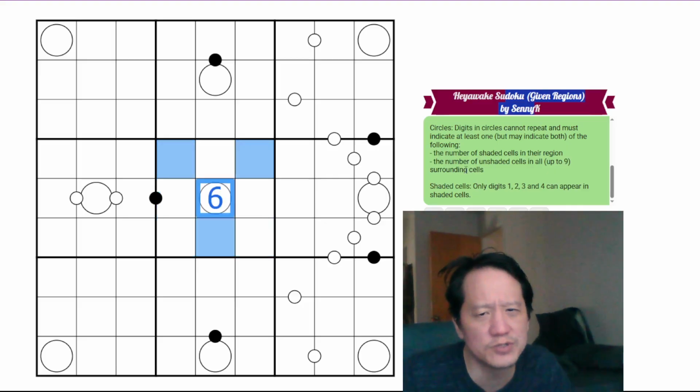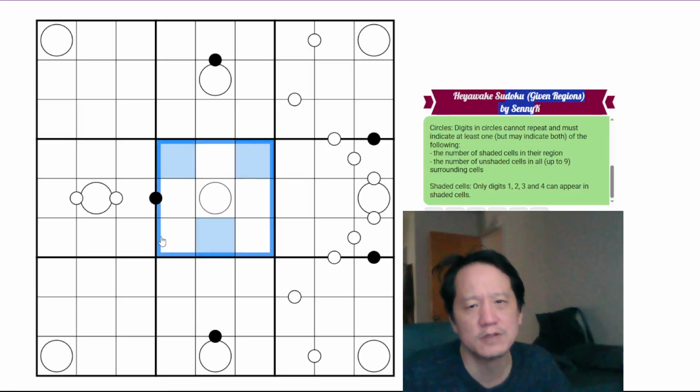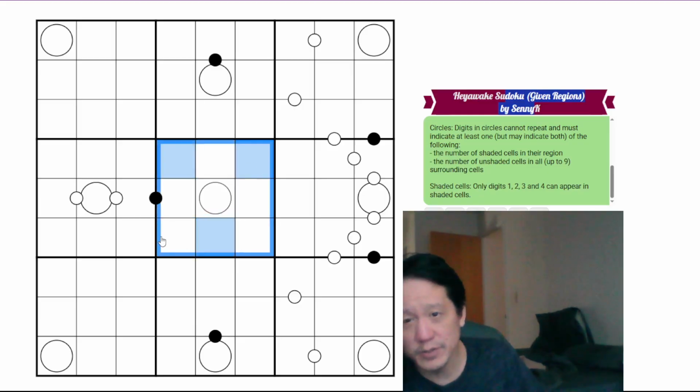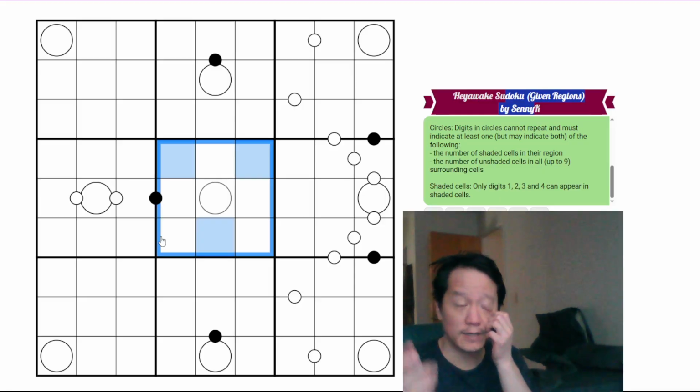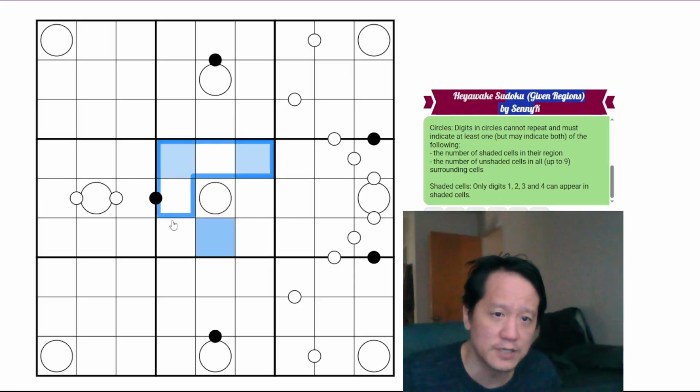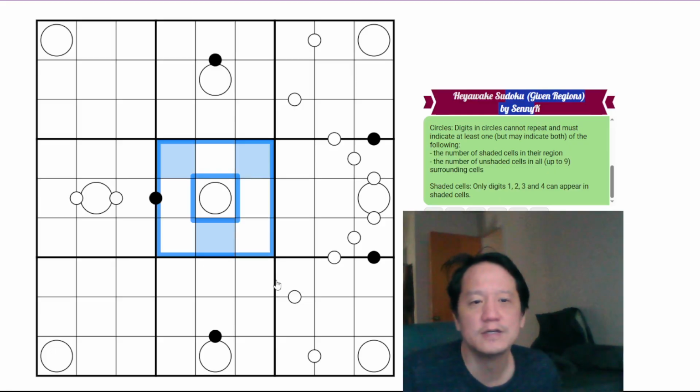It actually shouldn't be surrounding cells, but it should be in the 3x3 box centered around the circle, I should say. That would make more sense. Because otherwise it wouldn't be up to 9. If it's just surrounding cells, it's just 8, right?